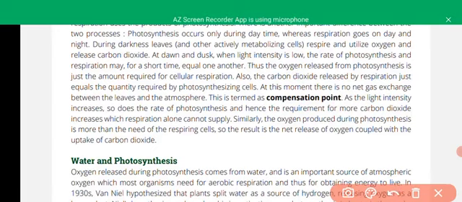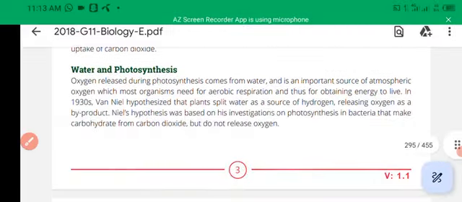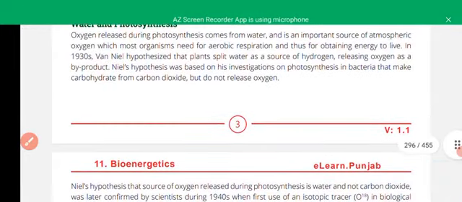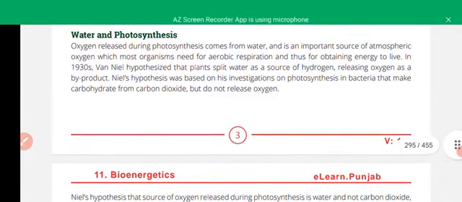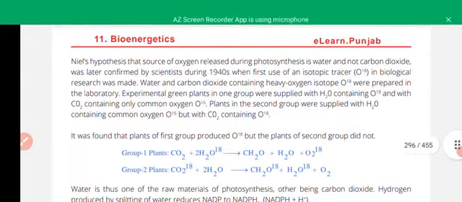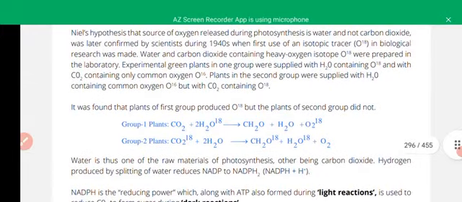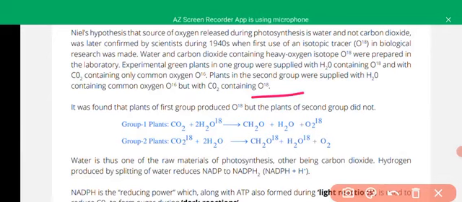And this oxygen that is evolved in photosynthesis comes from water, not from carbon dioxide. This was proposed by Van Niel and proved when the radioactive isotope O18 was used.